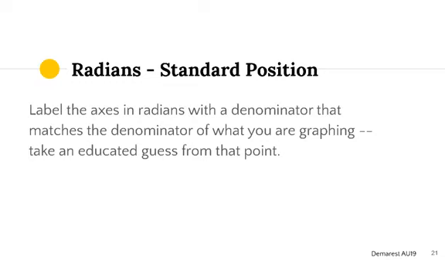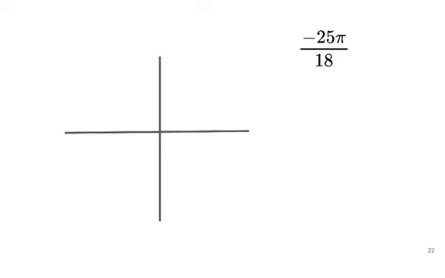But the important thing is that you make the denominators match. Okay, that's the only way you can make an educated comparison, is if you actually know where the number falls between. Okay? So let's start with negative 25 pi over 18. You may have briefly seen this in class, but I didn't really go over it with most classes. So let's talk about it here.